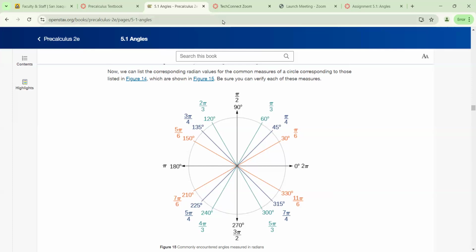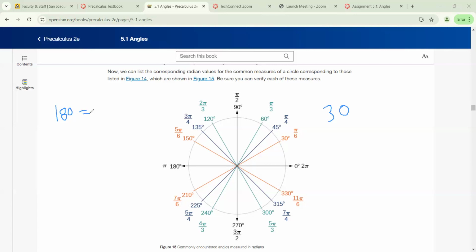And I wanted to tell you how they convert from degrees to radians. Suppose you are converting 30 degrees into radians. We saw earlier that 180 degrees is equal to pi radians. That's what I showed you in the definitions above.